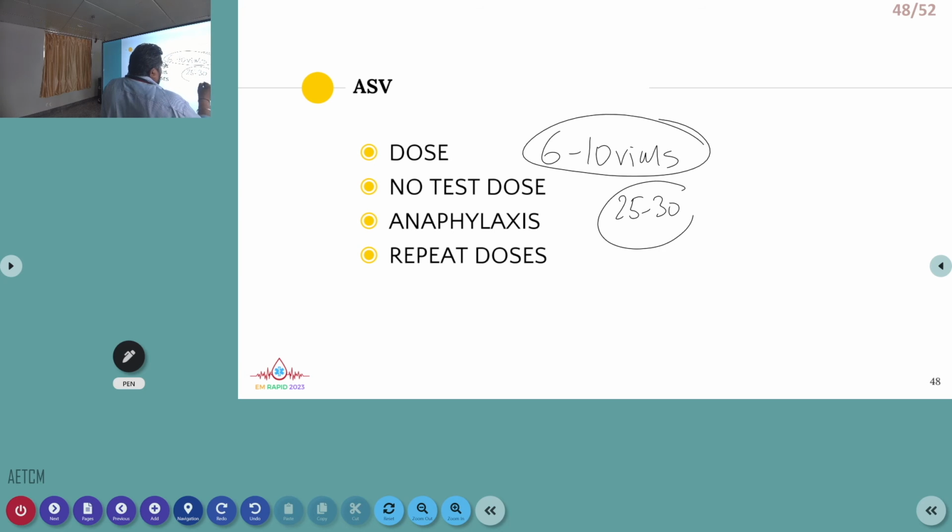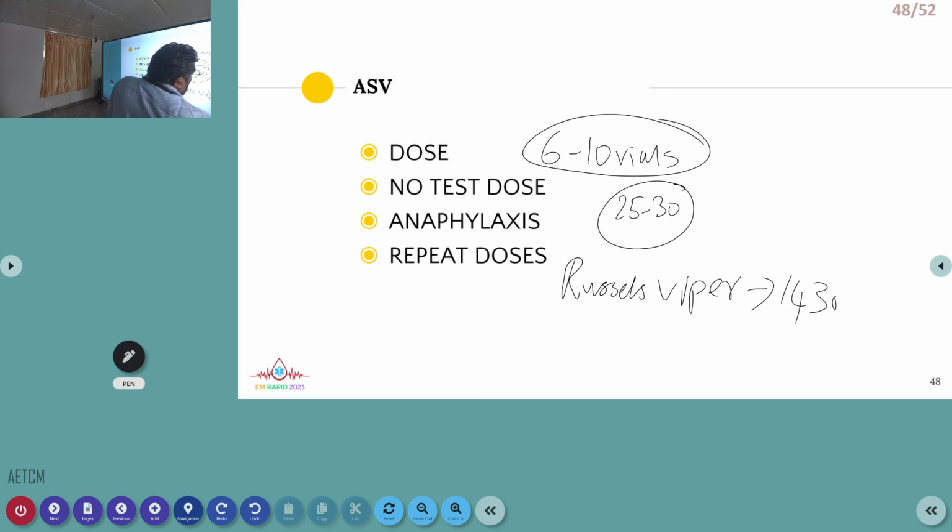Why? The maximum amount of venom is injected by a Russell's viper. In animal studies, the maximum found is around 143 mg injected from a Russell's viper.